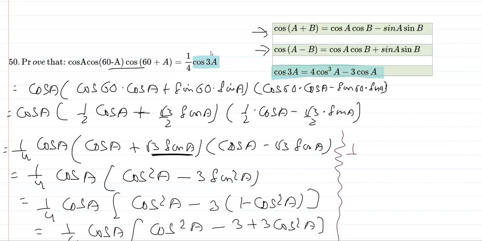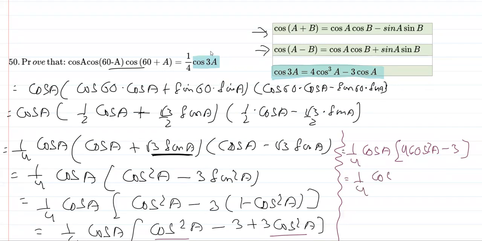This is 1/4 cos A bracket. These are like terms, so I can write this as 4 cos square A minus 3.